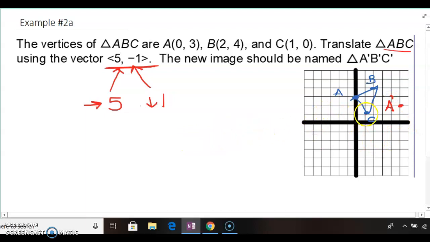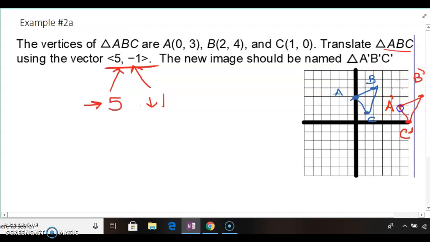Okay, so C, I'm going to move right 5, 1, 2, 3, 4, 5, down 1, and as you can probably guess, this is C prime. And B is going to move 1, 2, 3, 4, 5 right here. Down 1 would be right here. And I'm going to call this B prime.